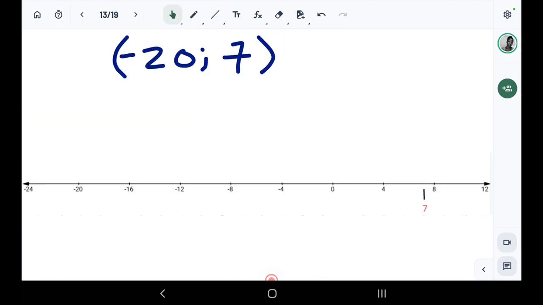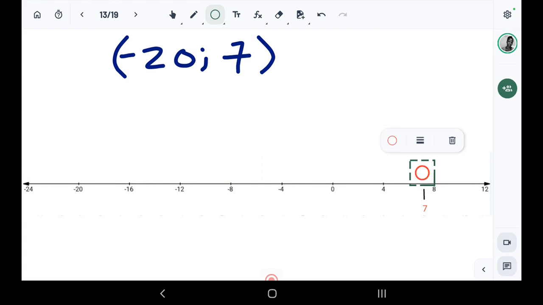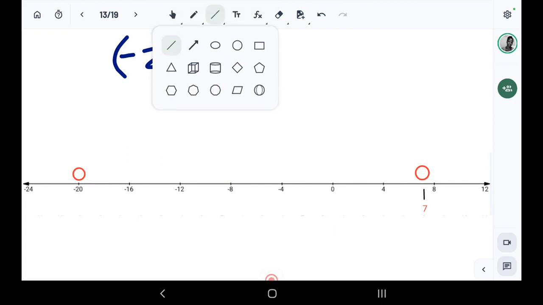How do you represent that on a number line? First, none of these are included, so you put hollow circles on top of each one of them. So we've got a hollow circle on top of 7, and another hollow circle on top of -20, and we join them together. Easy peasy.